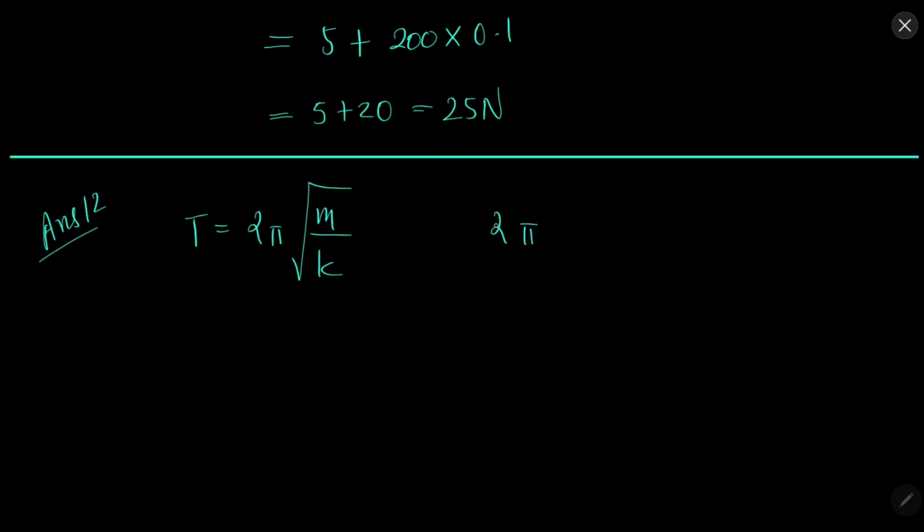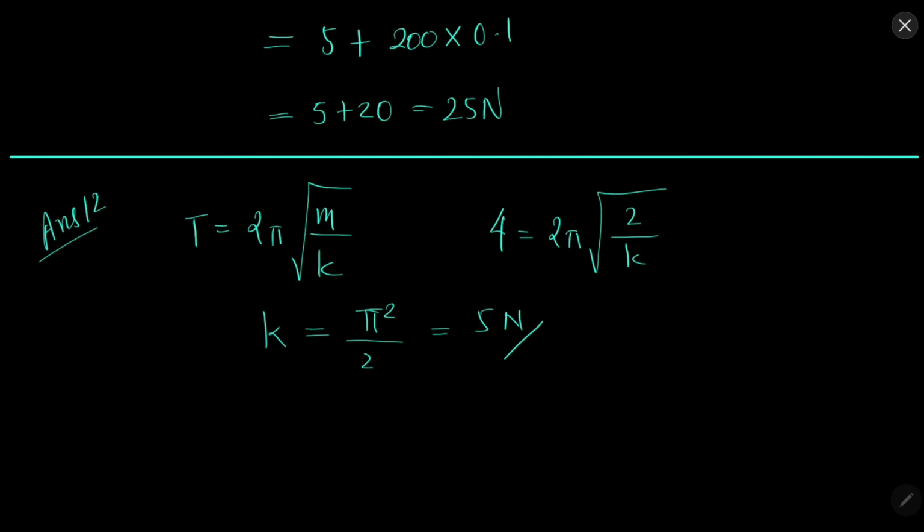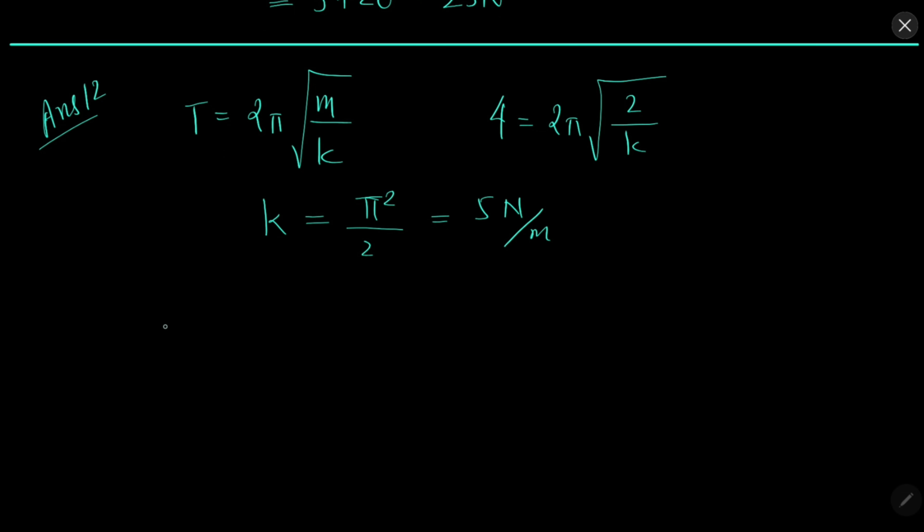4 equal to 2 pi root 2 over k. So from this, k will be pi square over 2, or approximately 5 Newton per meter. Now F is equal to mg and F is equal to kx.